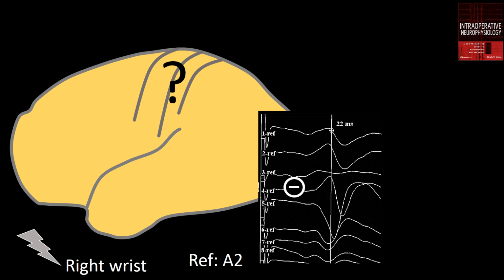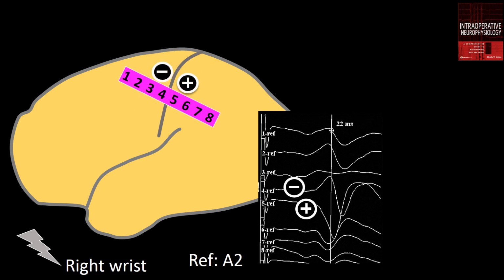The problem is that the frontal derivation, in this case the fourth derivation, has a negative potential, and the neighboring posterior derivation, that is in this case the fifth derivation, has a positive potential. In the presence of this polarity arrangement, you have to postulate that the positive field is generated in the sensory area and the negative field is generated in the frontal area, which is an anatomical impossibility. Or that the strip was inadvertently placed backwards, which was the case.